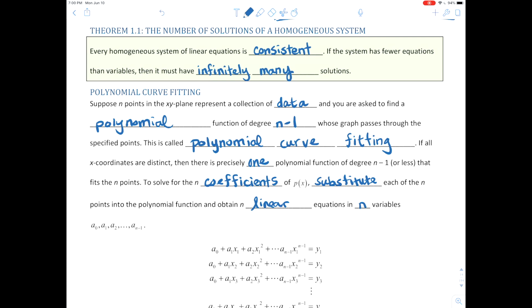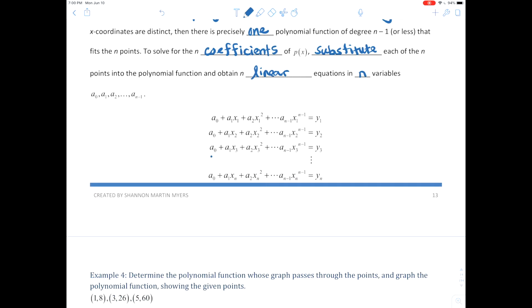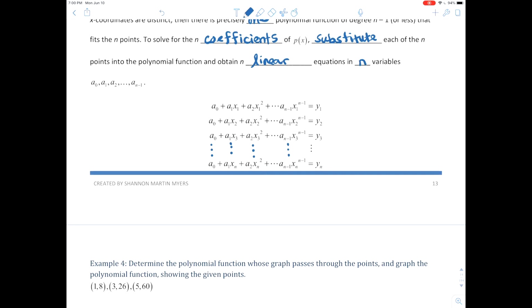Okay, so what happens is you end up having each of these as polynomials: A0 plus A1 x1 plus A2 x1 squared plus ... plus A(n minus 1) x1 to the n minus 1 is equal to y1.